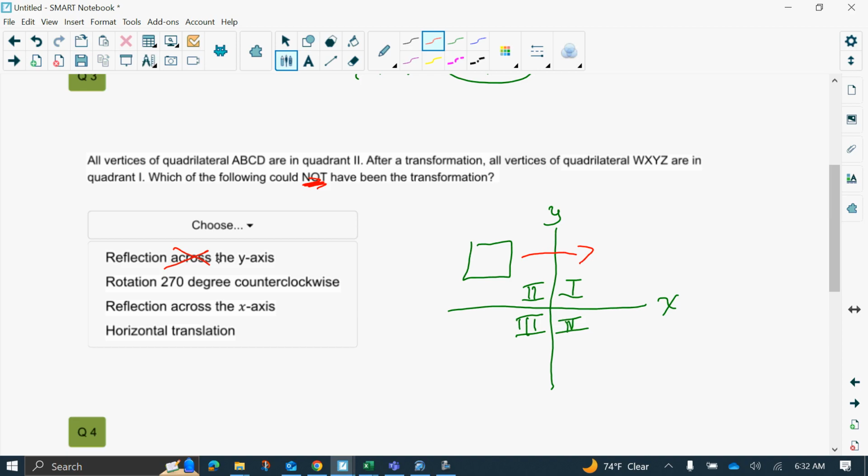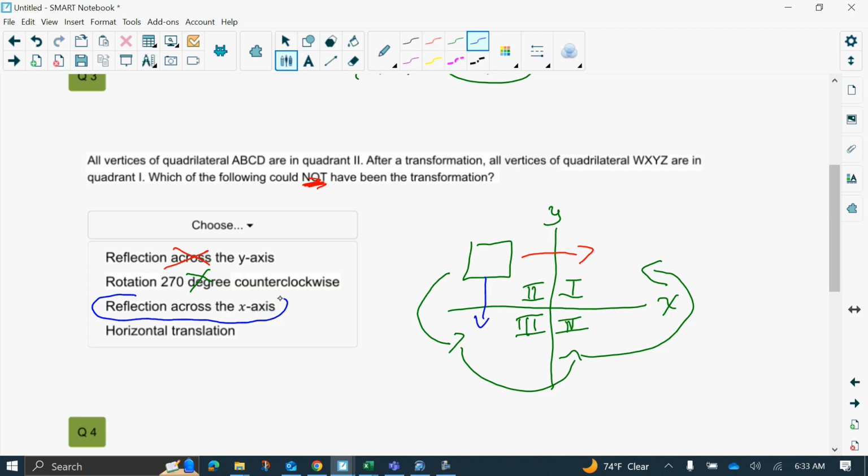Now, 270 degrees clockwise rotation. Well, that would go once, twice, 3 times. And so I do end up there. So that one's gone. Reflection across the x-axis. That puts me down there.